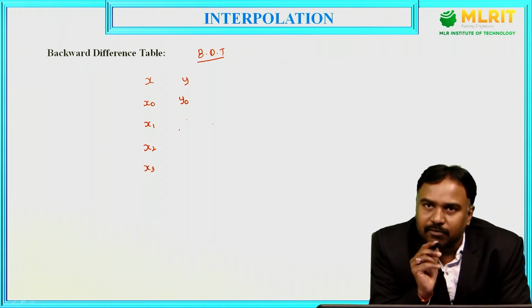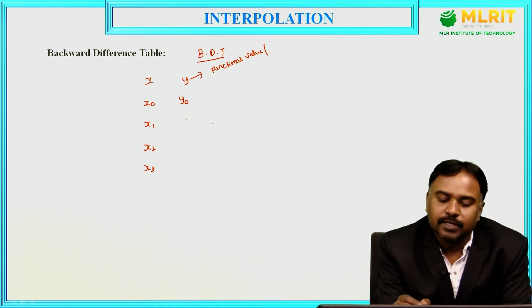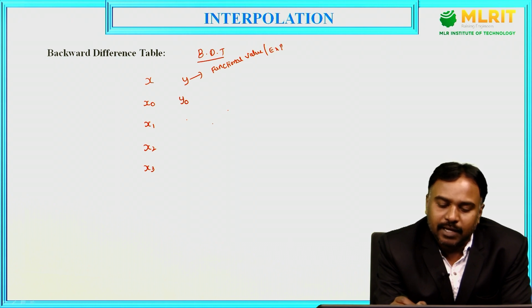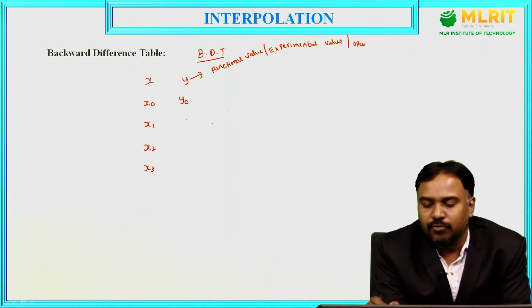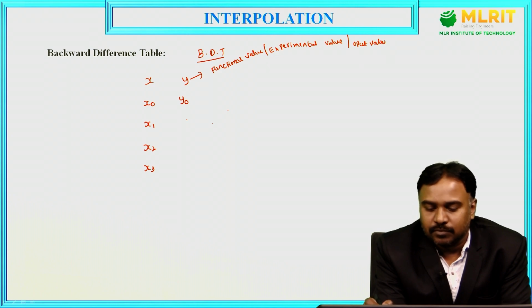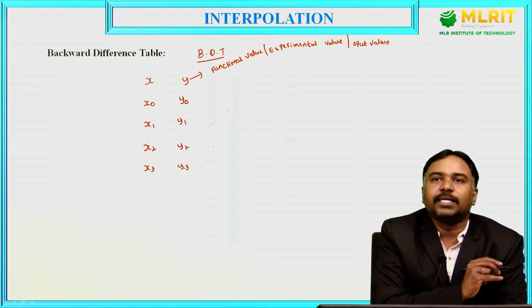These may be the y values, we can call them functional values, experimental values, or output values.